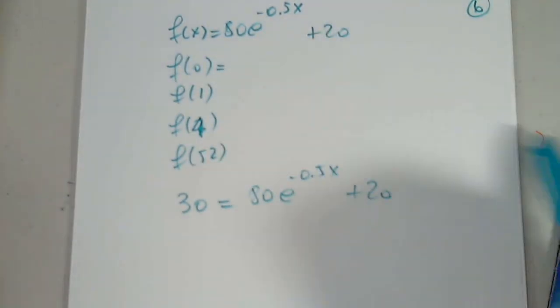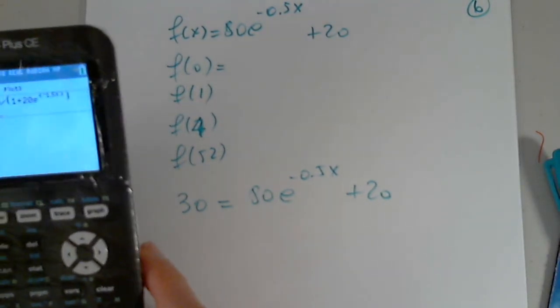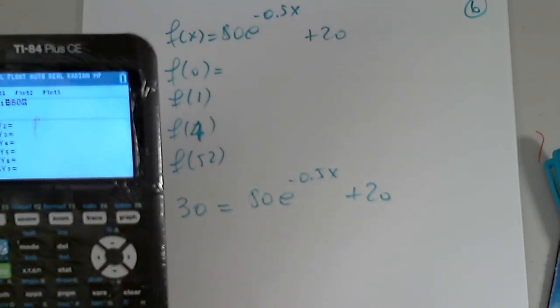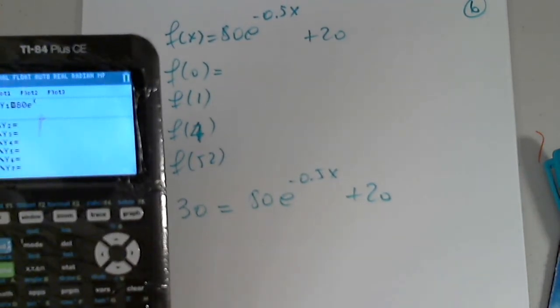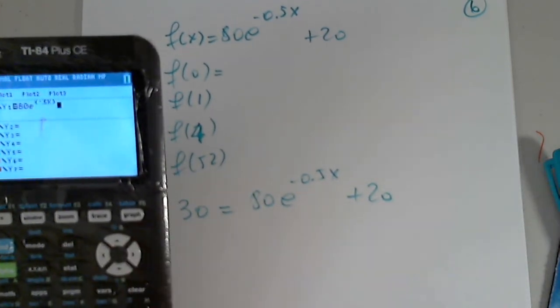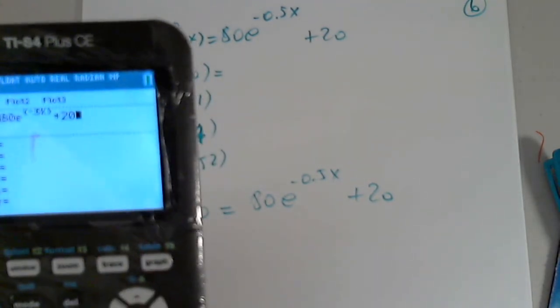The first four items are just very clear. We have to go back to y equals 80 e to, in parentheses, negative 0.5x, close the parenthesis, come down from the power, plus 20. Let me know when we have this.